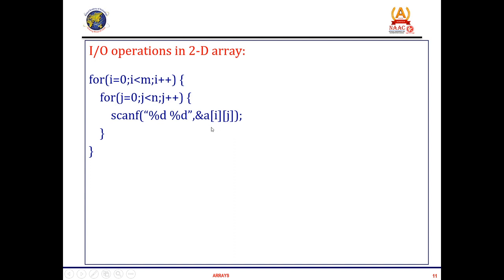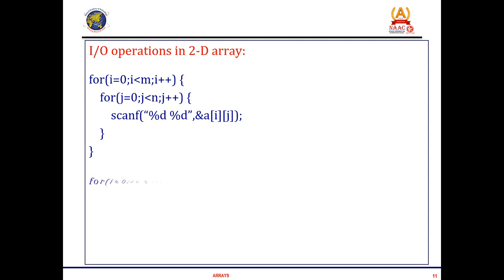The next will be A of 1, 1, A of 1, 2. Similarly, the operation takes place till the control comes out of both the for loops. This is how you will end up inputting the elements in case of a two-dimensional array.